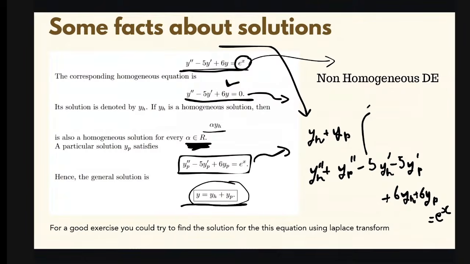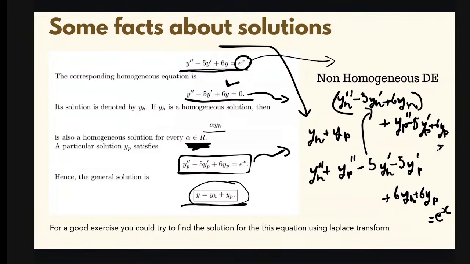Now, can I write this as yh double dash minus 5 yh dash plus 6 yh plus yp double dash minus 5 yp dash plus 6 yp is equal to 0, equal to e power x, my bad.